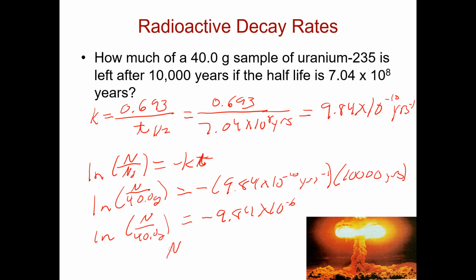And then I want to get n by itself, so I'm going to take e to the negative 9.84 times 10 to the negative 6th.